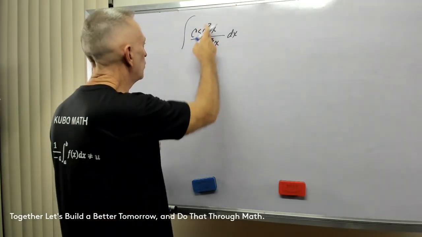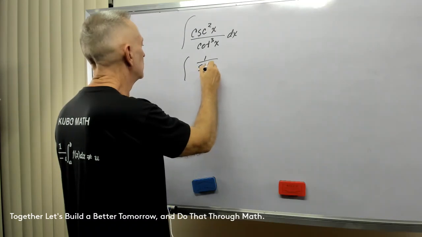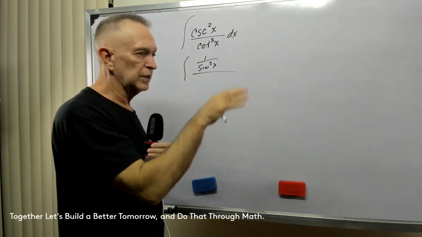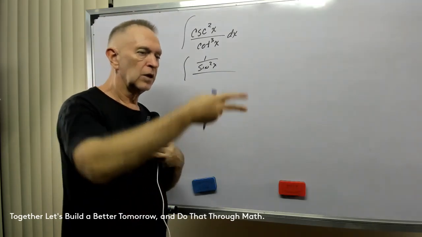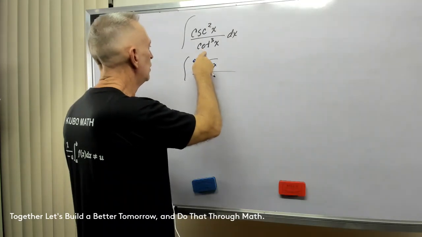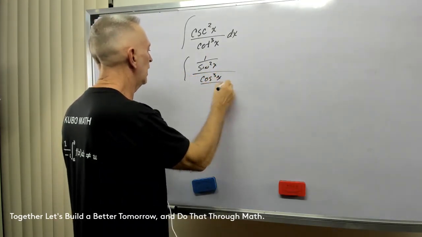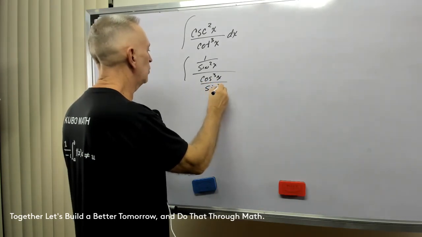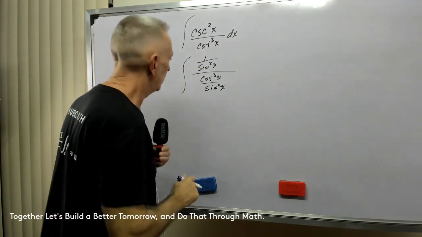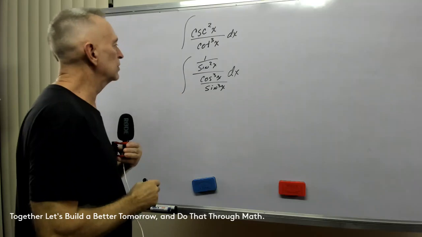So I have 1 over sine squared x divided by cotangent, which is cosine over sine. So I have cosine cubed x divided by sine cubed x. And that integral sign, I'll make it bigger. And we're integrating that with respect to x.